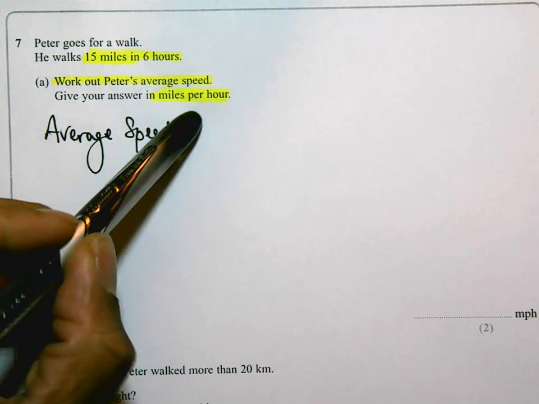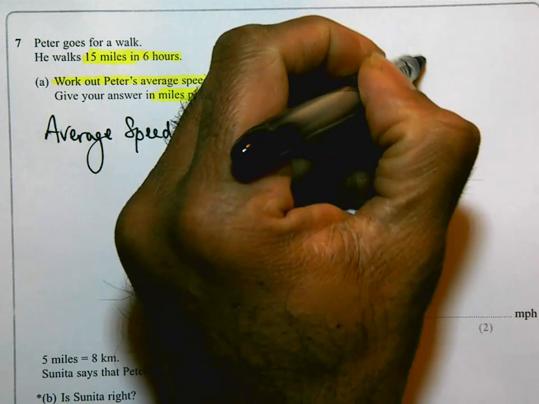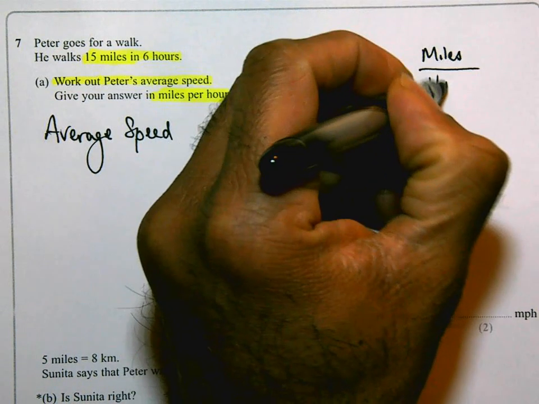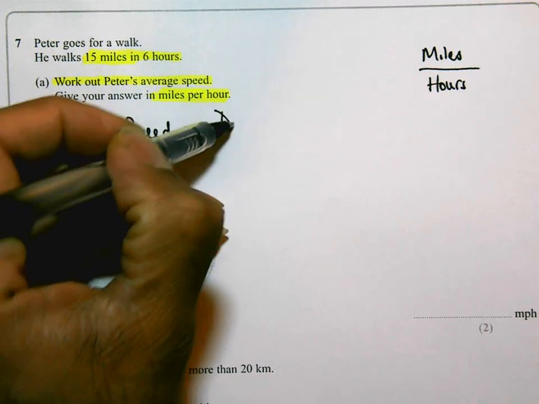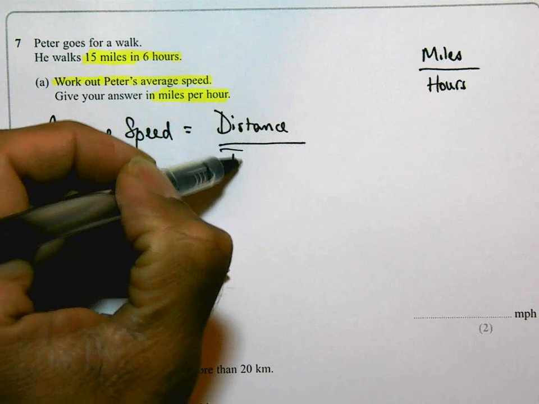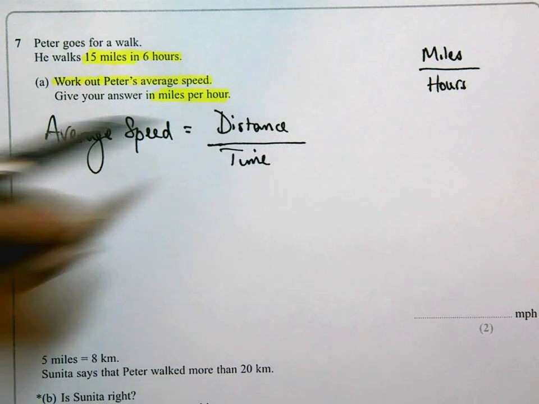Per means out of, so miles out of hours. Miles is a distance and hours is a time. So speed is equal to distance over time, distance divided by time.